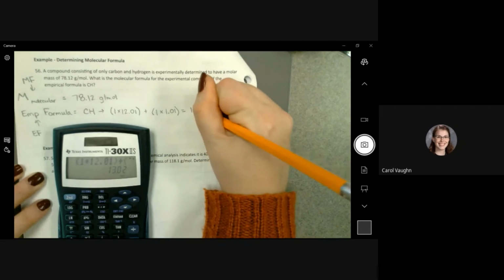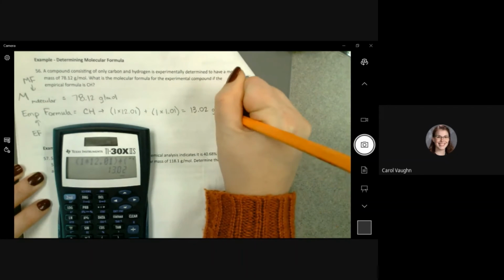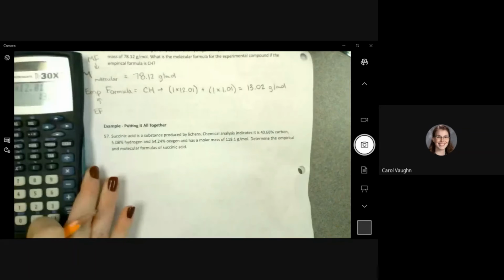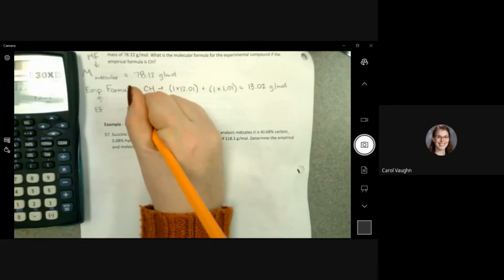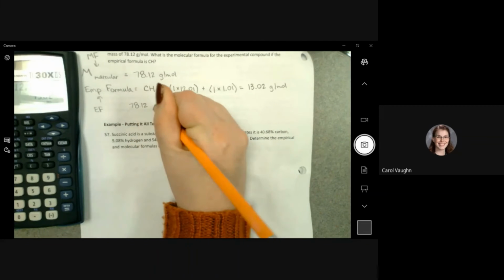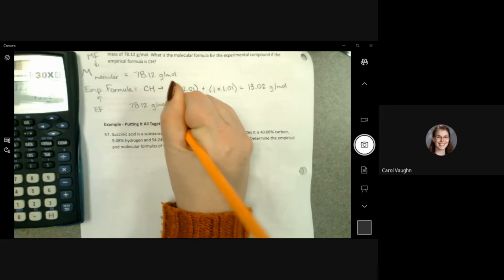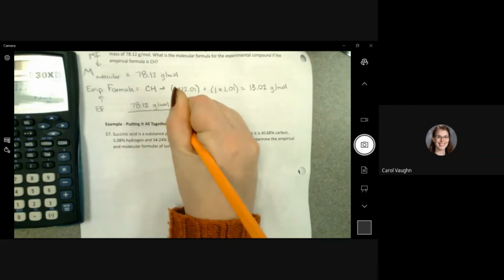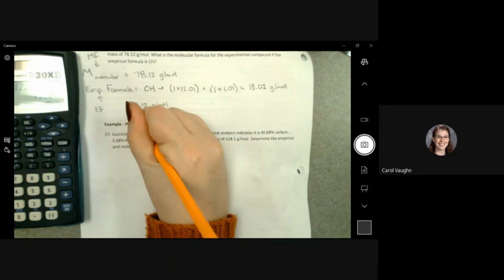What do we think? All right. So what we just found is the molar mass of the empirical formula. Now what we do with that information is we're going to take our experimental mass divided by our empirical mass.